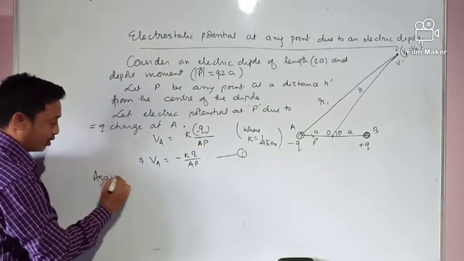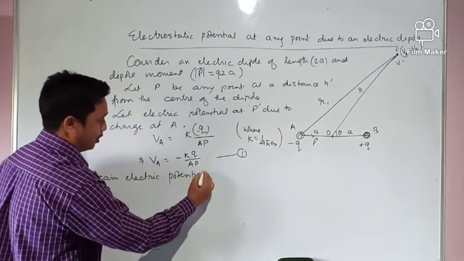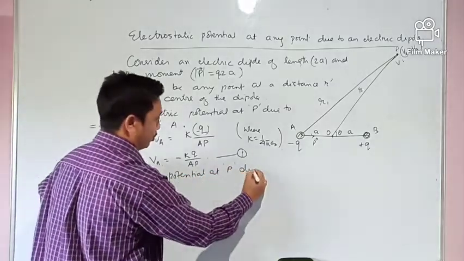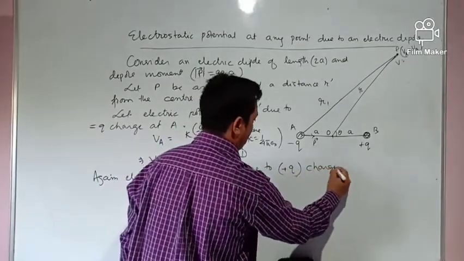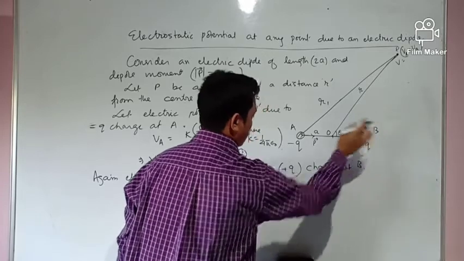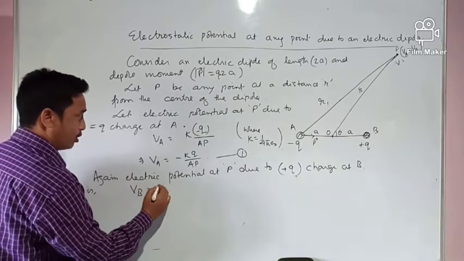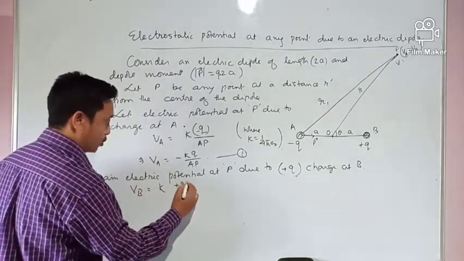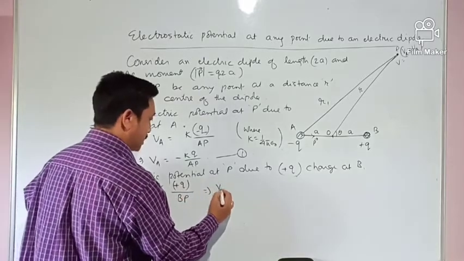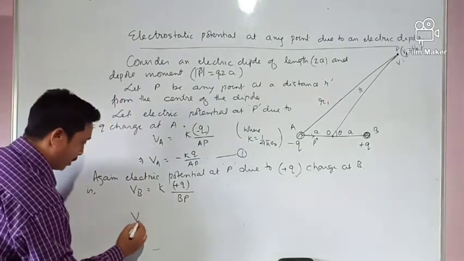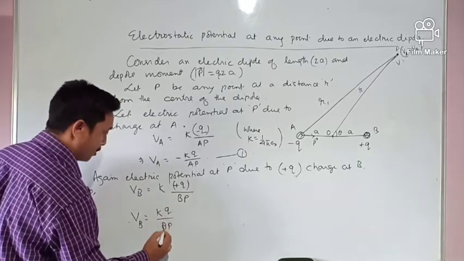Again, potential at P due to plus q charge at B is VB equal to K times plus q divided by BP, or this further implies VB equals KQ by BP.